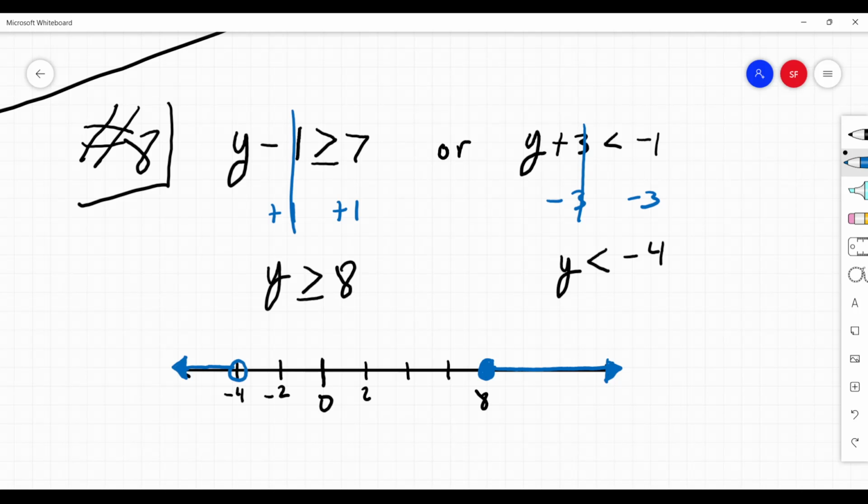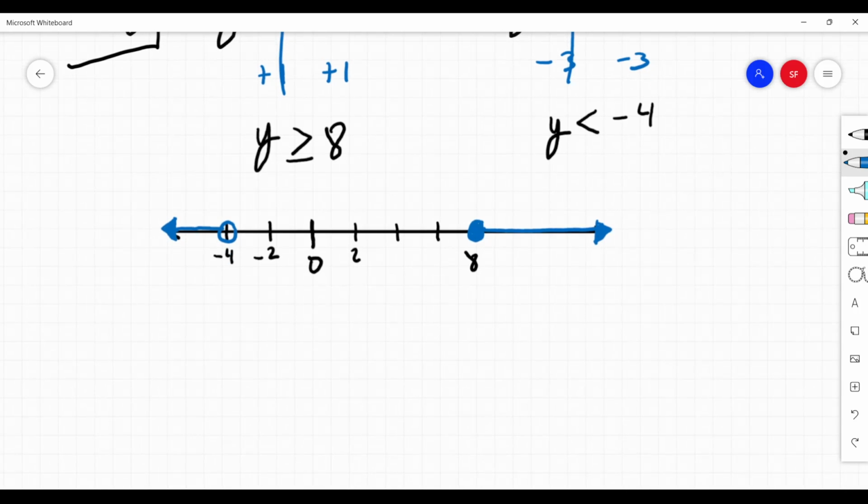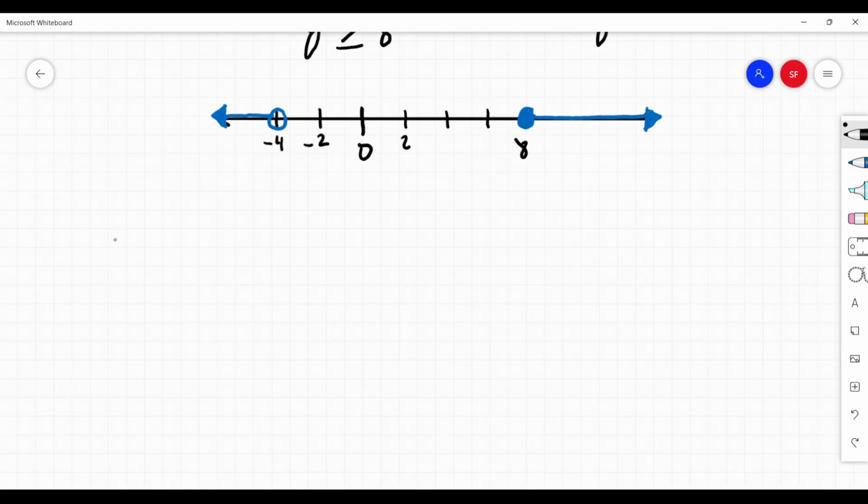Okay. All right. We can take one more question if we need to. Number 14. Number 14.